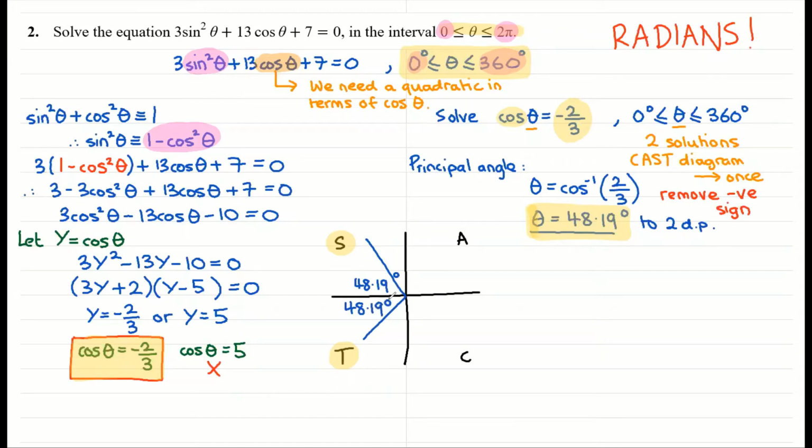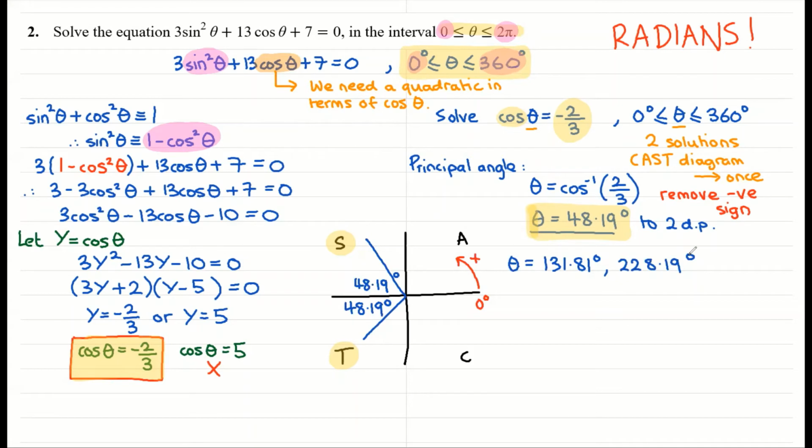Okay, now we can read off our answers. So theta is going to equal, we're only going around once, of course, so read off 0 anti-clockwise. What do we get? Well, we're going to get 180 subtract 48.19, which is, of course, 131.81 degrees, and 180 plus 48.19, which is 228.19.